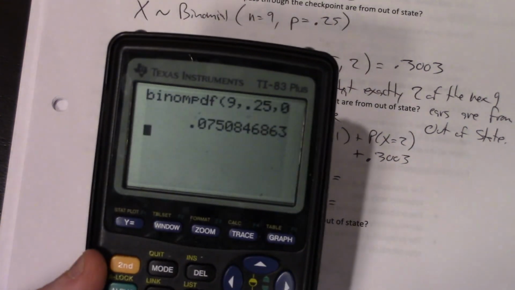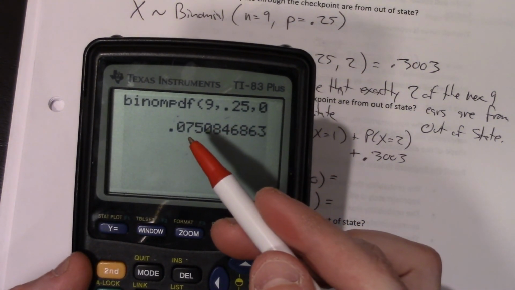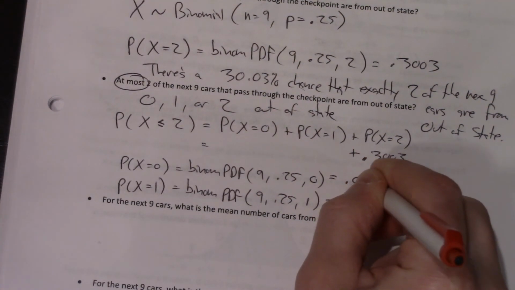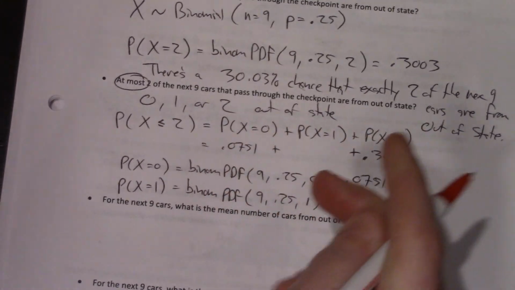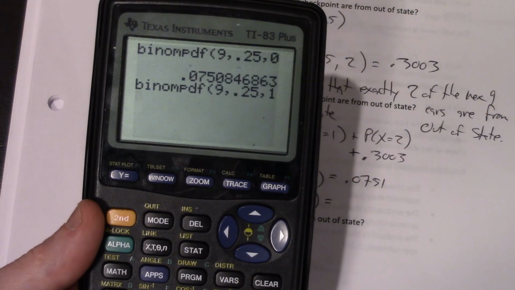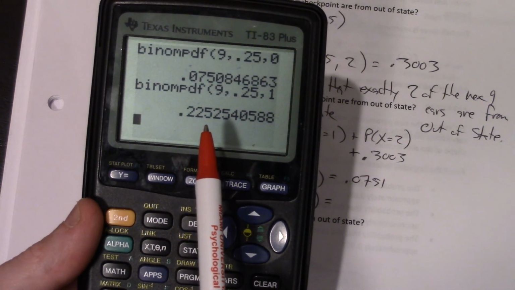For 0, that's what you would enter, and you should get 0.0751. And for having 1 out-of-state car, that's what you would enter, and you should get 0.2253.